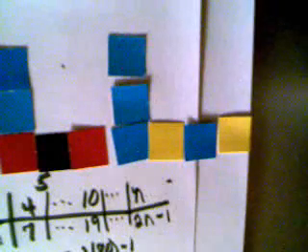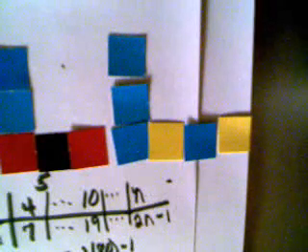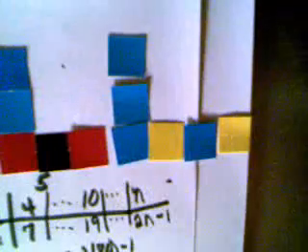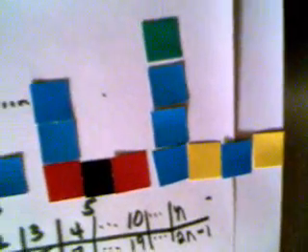It's 7. Maybe not. One more. So we can create an L.